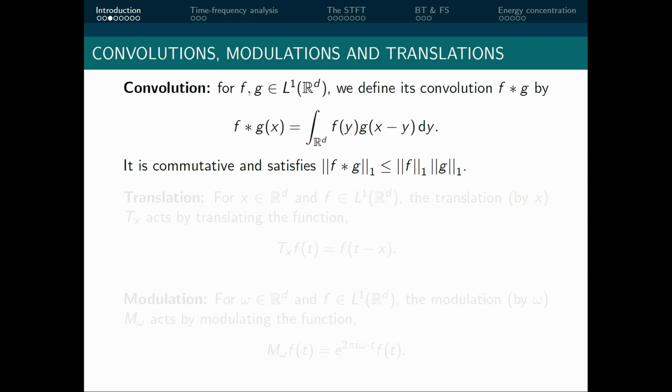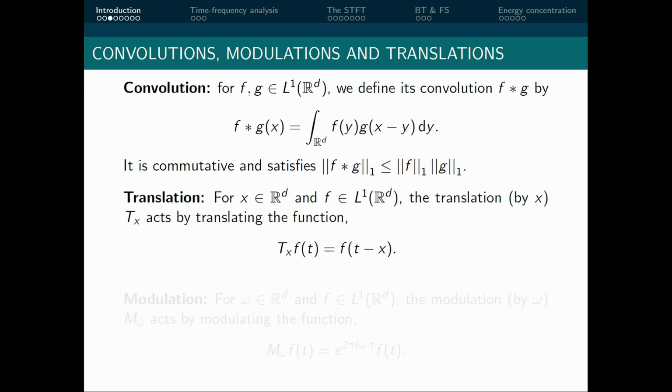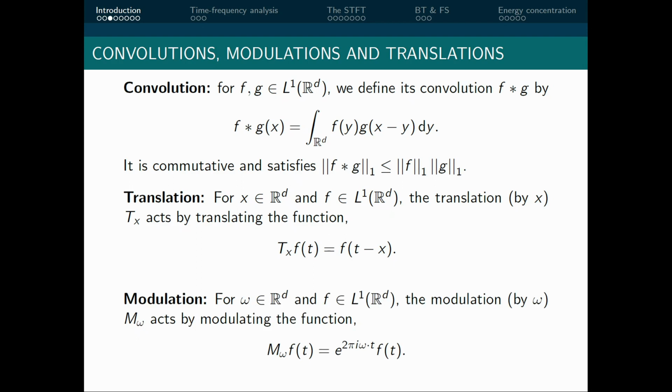It's commutative and satisfies this: if f and g are functions that integrate to a finite amount in absolute value, then the convolution also integrates to a finite amount. There are translations as well, which is just moving a function by a fixed vector. And there are modulations, which are an interesting operation in signal analysis.